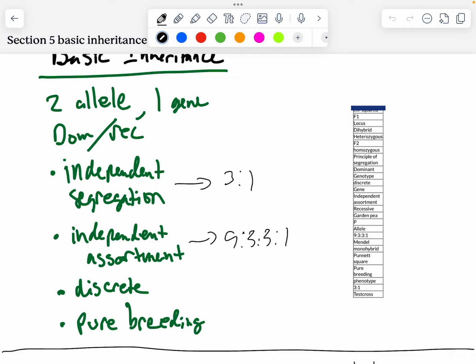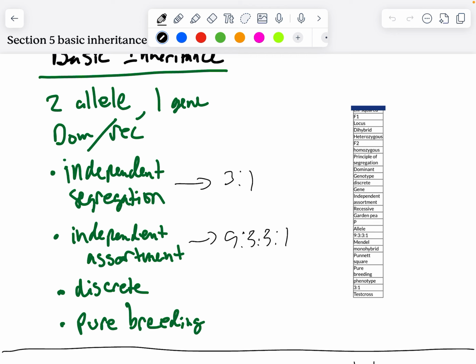Alright, so that brings us to basic inheritance, and I want to run through some of the additional terms that we have in relation to how we're going to understand these monohybrid and dihybrid crosses. So in Canvas we have a full list of all the important terms, but I've picked out some that are most important.